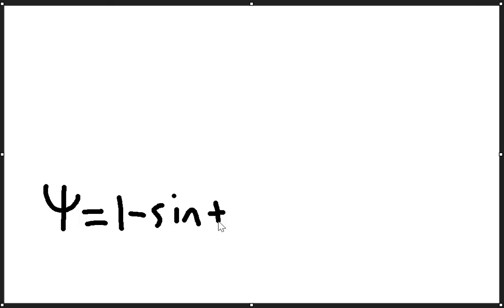And sometimes, you can use these vectors to approximate nasty looking integrals. Like instead of doing something, let's say your equation of psi is equal to, I don't know, 1 minus sine plus 4x.